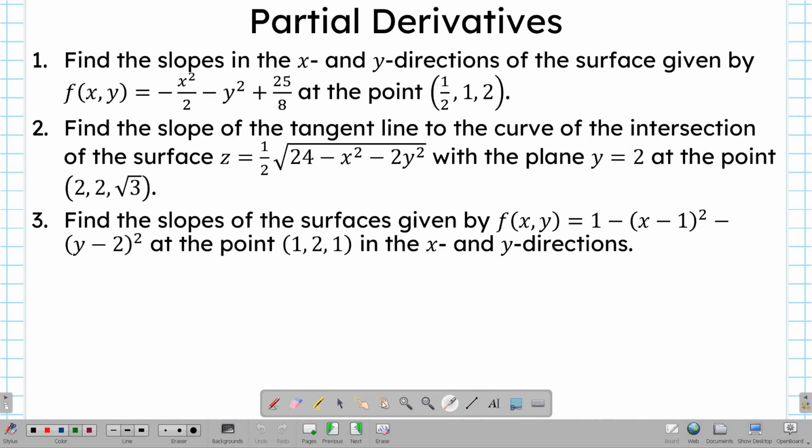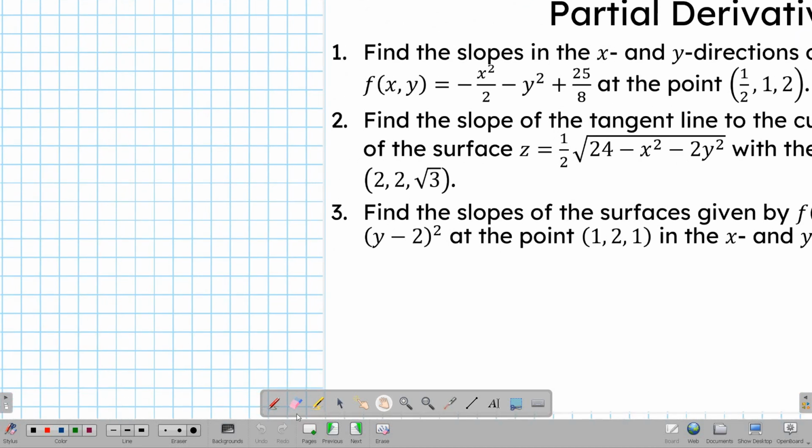In number 1, we're asked to find the slope in the x and y directions of the surface given by f of x, y is equal to this function at the point 1/2, 1, 2. Let's first look in the x direction.